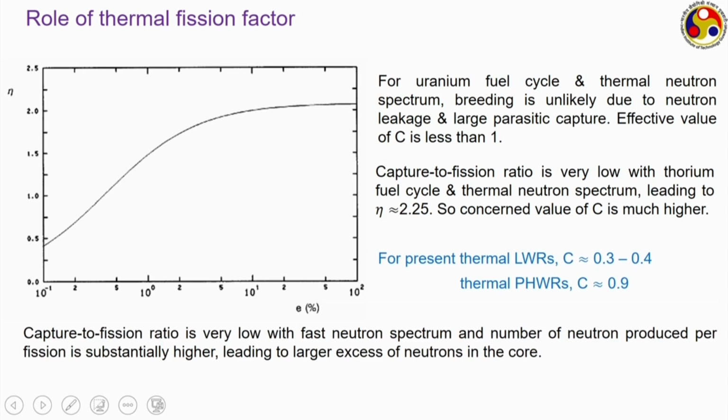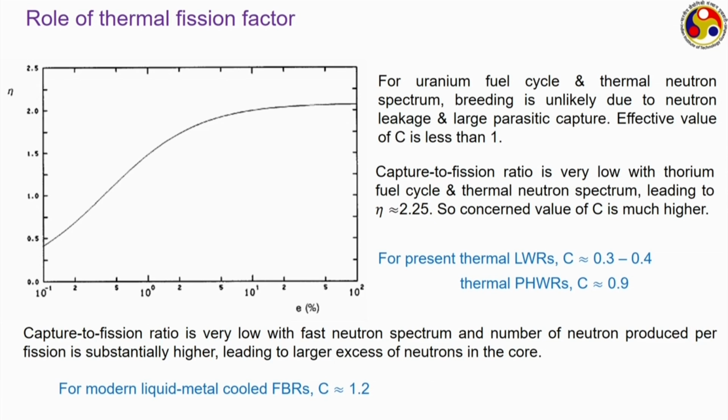Finally, for fast neutrons, the capture to fission cross section ratio is very low with a fast neutron spectrum. The number of neutrons produced per fission is also quite high compared to thermal reactors, leading to quite a large number of excess neutrons present in the core, which can give a C value of 1.2 or in that range.